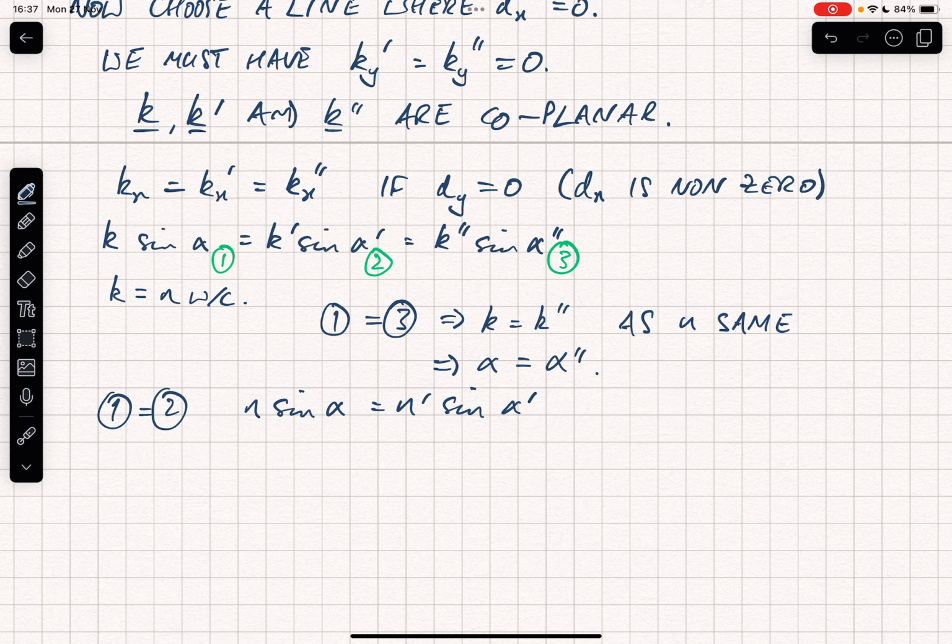So what we've done is we've deduced the basic laws of optics and very simple rules to do with waves just by considering phases and boundary conditions. In a further video I will extend this to look at the Fresnel relations, which tell us about how the amplitudes of the waves, so the E0s, relate to each other.